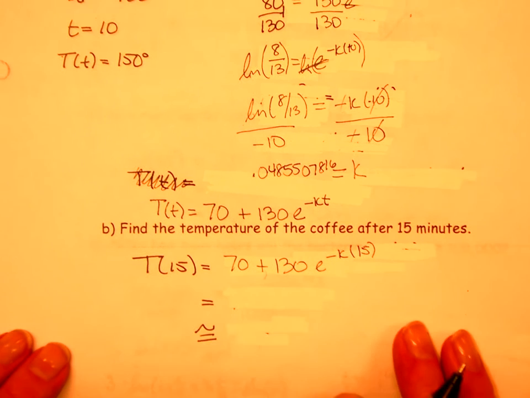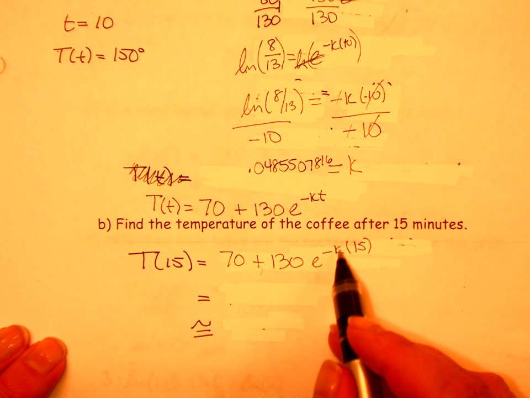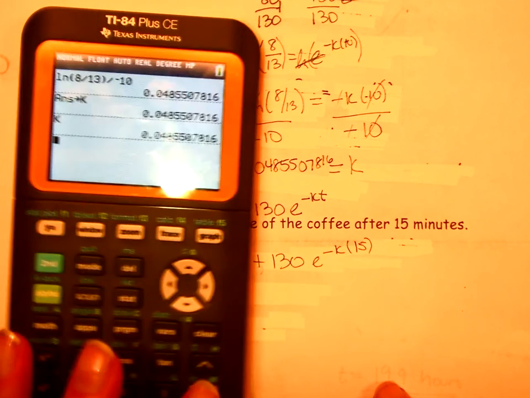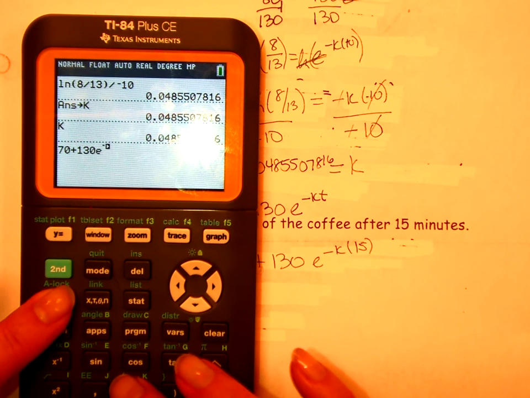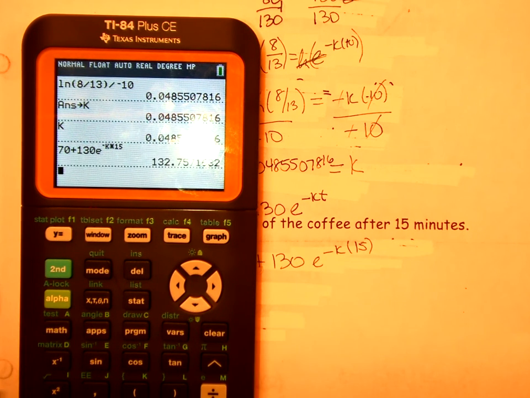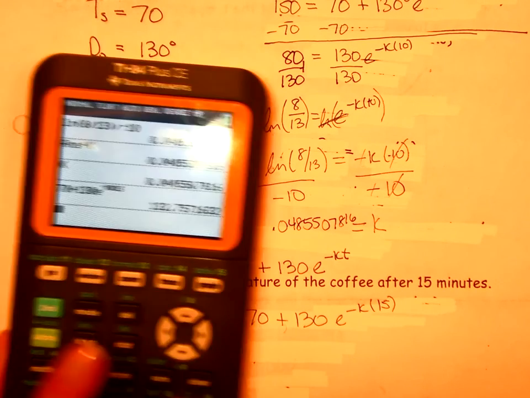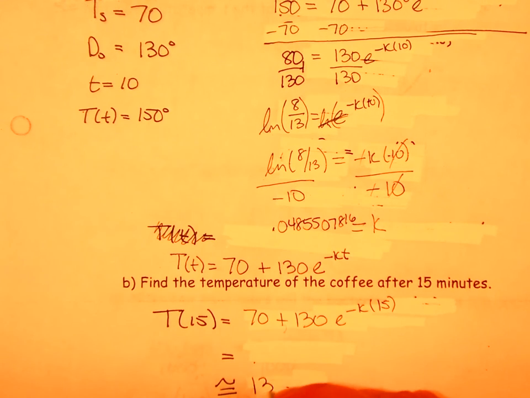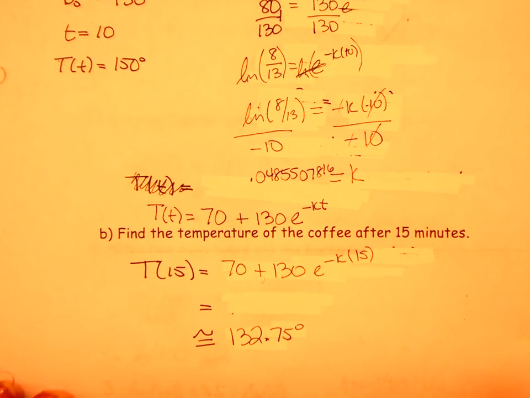And in my calculator, I'm going to type it just like this because I stored the cooling constant for k. So I'm going to do 70 plus 130 times e to the negative alpha k times 15. All right. And I get 132.75 degrees.